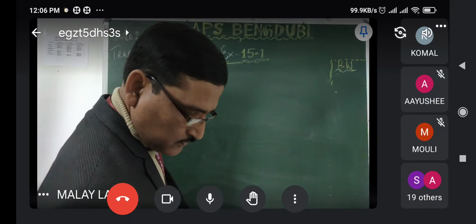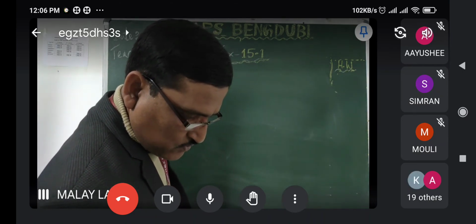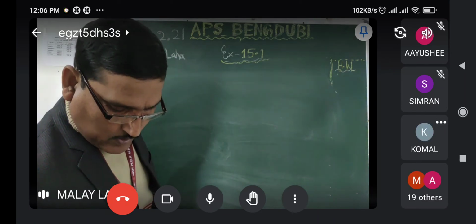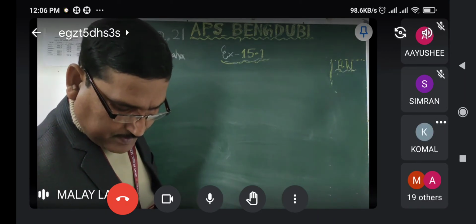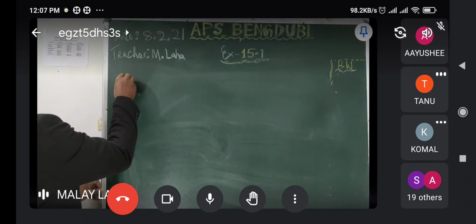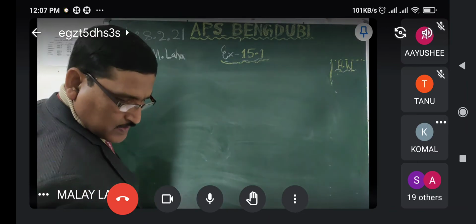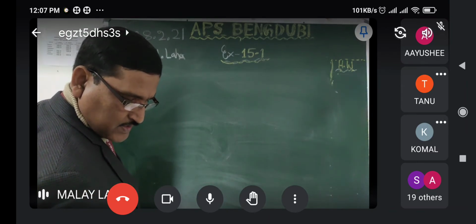Yes, sir. How high was the plant A after 2 weeks? After 2 weeks के बाद what is the growth of the plant A and B both? It is 7 centimeter. But how high was the plant after 1 week?